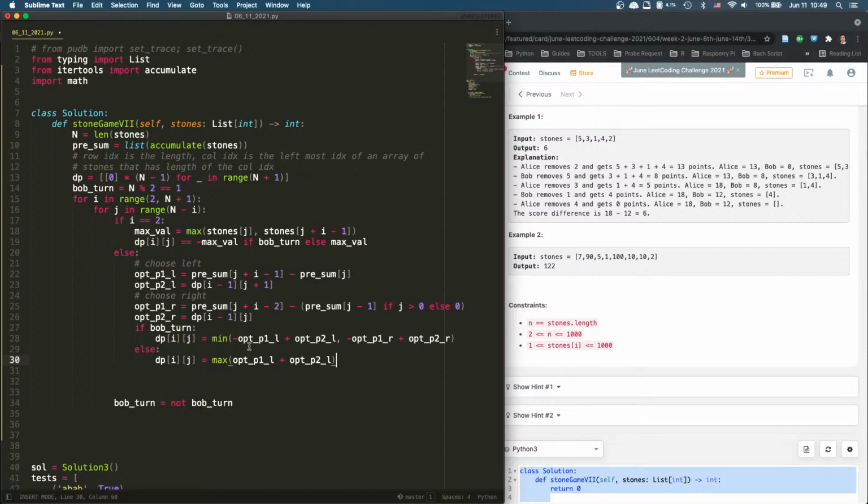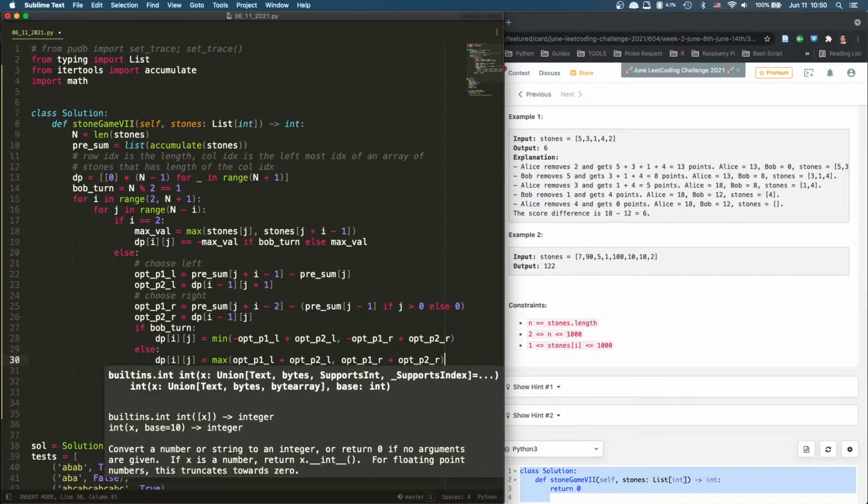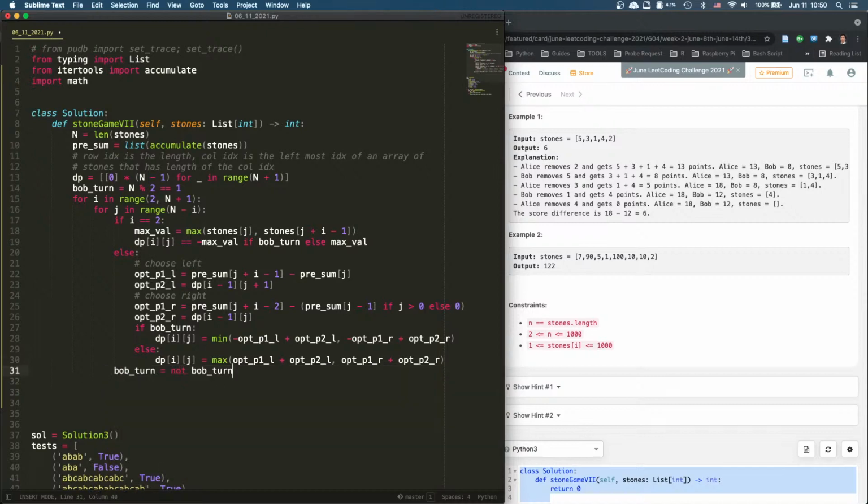So Bob is going to be negative, Alice is going to be positive. And I'm going to do this thing here. Alright, so after choosing, Bob's turn equals not Bob's turn. So now we go up, up, up, all the way.